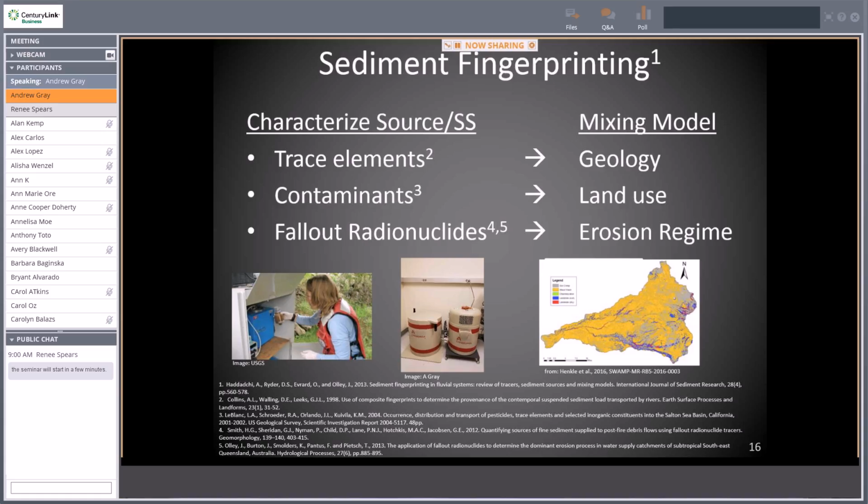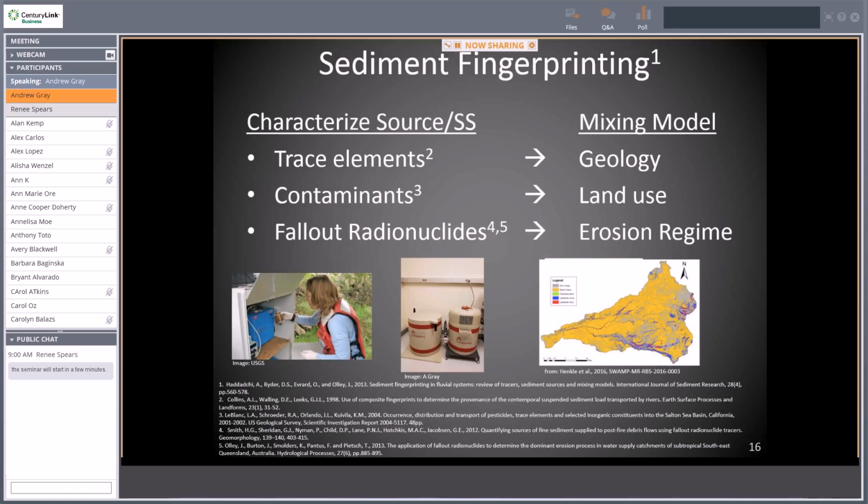Or another technique which involves employing fallout radionuclides that are basically coming mostly in association with sediment in the air and washed out, wrung out through rainfall events, interacting and being deposited on the surface of the earth and then being redistributed through erosion and sediment transport.